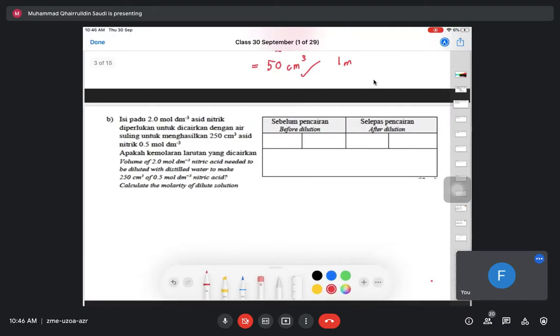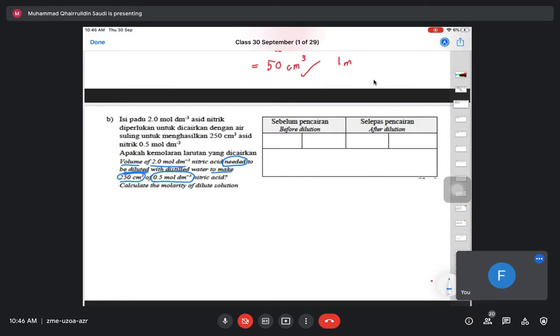We have to read the question. Volume of 2.0 mole per dm cube of nitric acid needed to be diluted with distilled water to make 250 centimeter cube of 0.5 mole per dm cube.